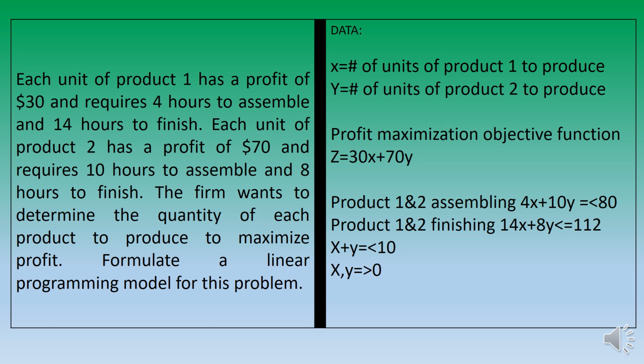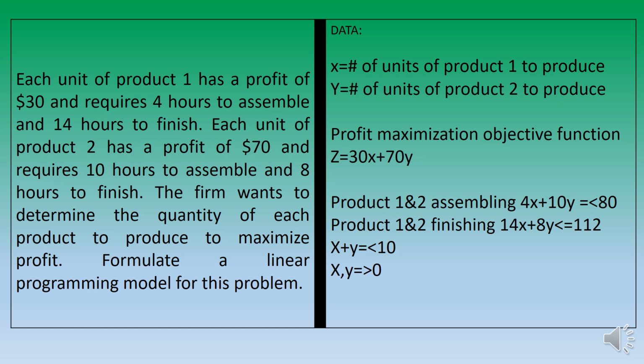That is the maximum, which is why it is a less than or equal to inequality. The next constraint is 14 hours finishing time for product 1 and 8 hours finishing time for product 2, and that must be on the maximum side. So the inequality is less than or equal to 112, the maximum hours available.